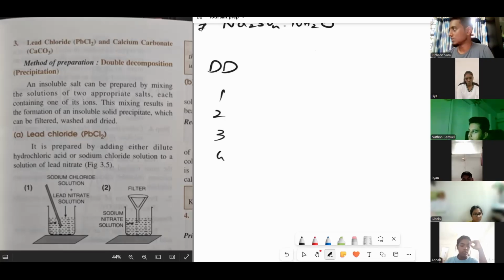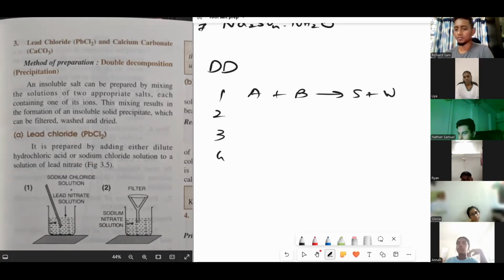Okay, first one is neutralization. Neutralization is where you have acid plus base gives salt and water. This is neutralization. Then acid plus salt gives salt plus acid. But the acid formed here will be more volatile.